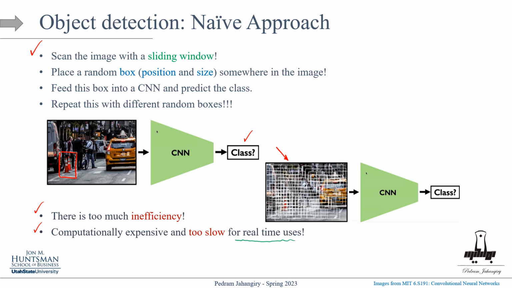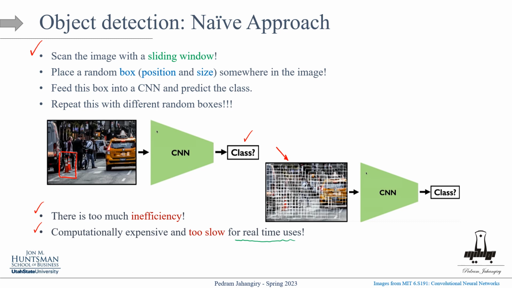Imagine a self-driving car where the cameras are looking at the surroundings and want to figure out the objects in front of them. It should be done in a matter of seconds or milliseconds. So even though the naive approach seems intuitive and simple, it doesn't work.